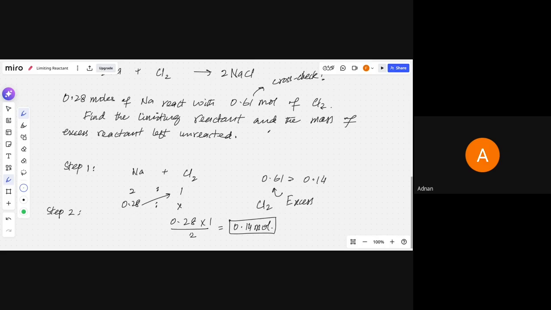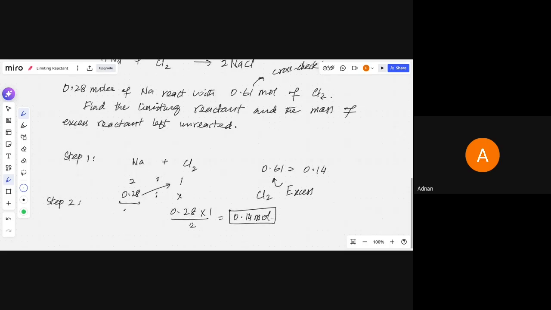But the amount that is given to us in the question is 0.61, which is more than 0.14. So this will be left unreacted. It is the excess reactant, and sodium will be our limiting reactant because it will get consumed first, right? So now the next part, I'm going to write Na is a limiting reactant.